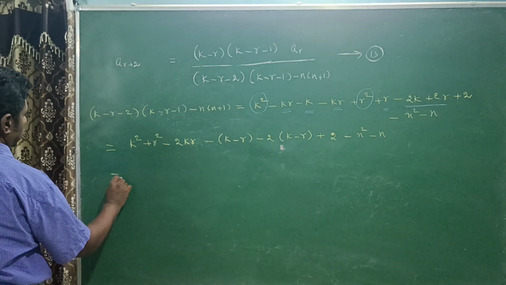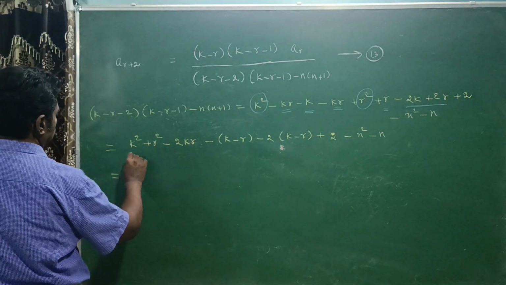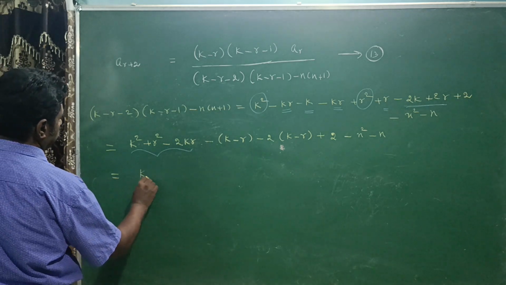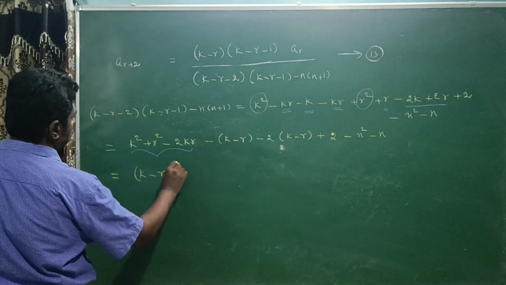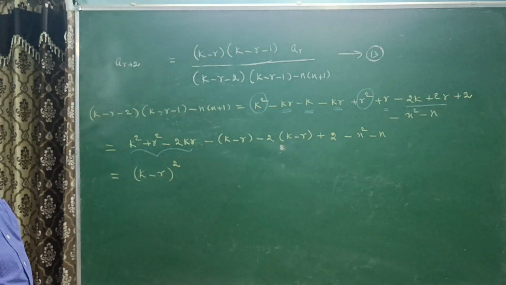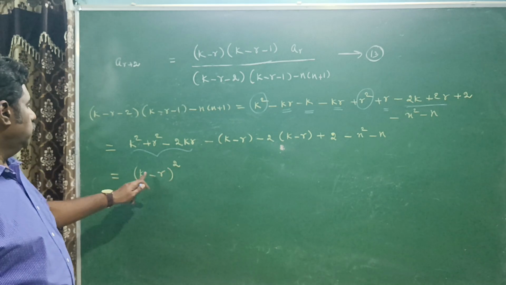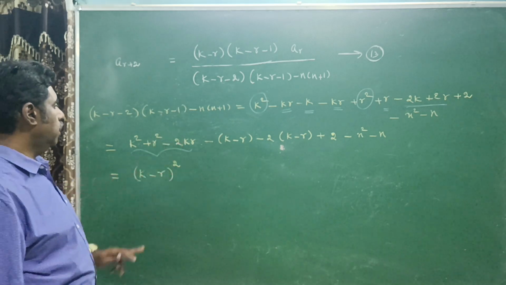Then this is equal to, see this is our k minus r whole square. A minus b whole square is a square plus b square minus 2ab. k minus r whole square is k square plus r square minus 2kr.